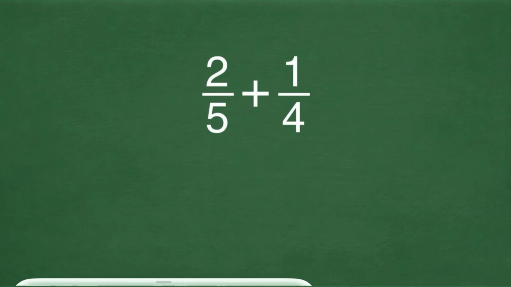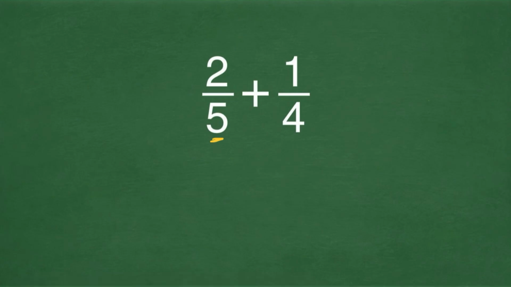So what we are going to do is take the number 4 from the right fraction and multiply the left fraction by it, and take the number 5 from the left fraction and multiply the right fraction by it. So don't get confused or lost at this point. Just take the bottom number from one side and multiply the whole other fraction by it.